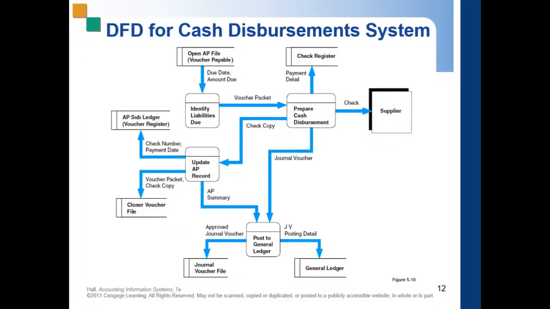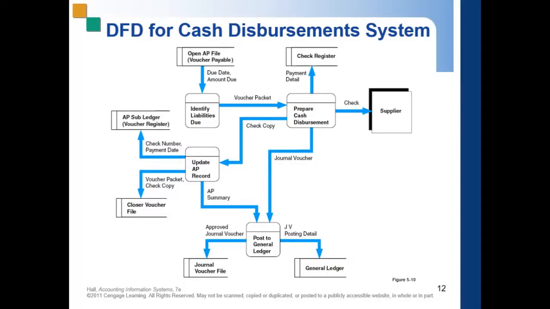Now, let's move on to our cash disbursement system. The cash disbursement system processes the payment of obligations created in the purchase system. The principal objective of the system is to ensure that only valid creditors receive payment and that amounts paid are timely and correct.